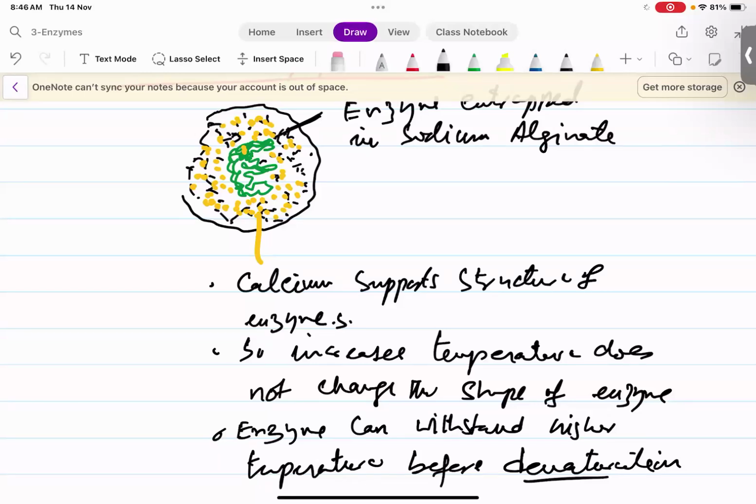So free enzymes denature at 40, so the rate of enzyme activity will be lower in free enzymes. And as for immobilized enzymes the temperature could be raised to 60 degrees Celsius, they would have a higher rate of enzyme action as compared to the free enzymes. Hope you have understood it.